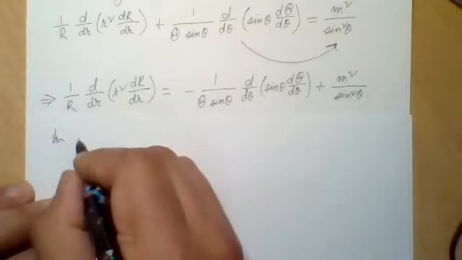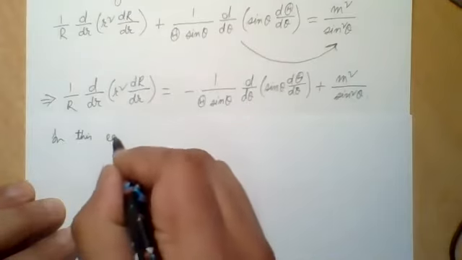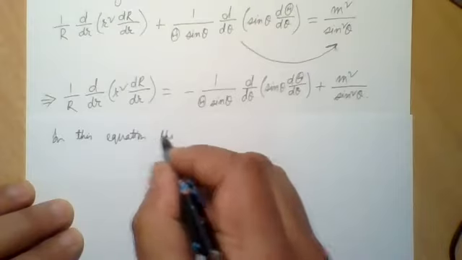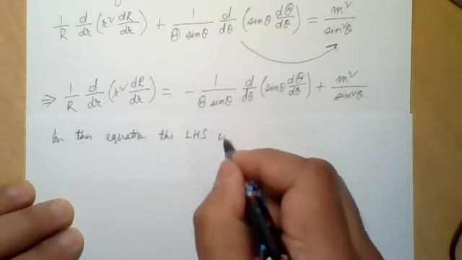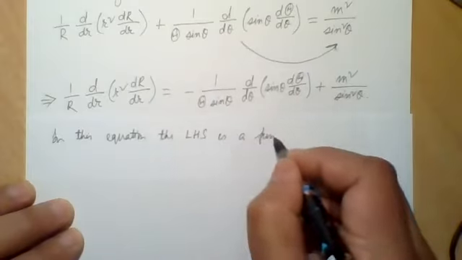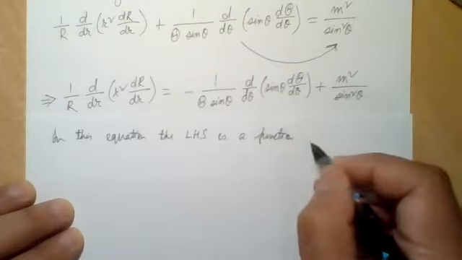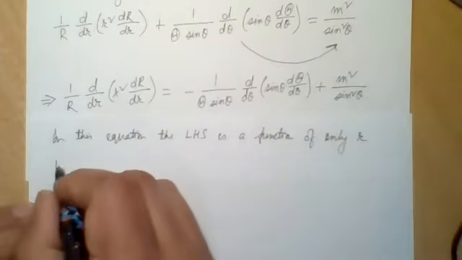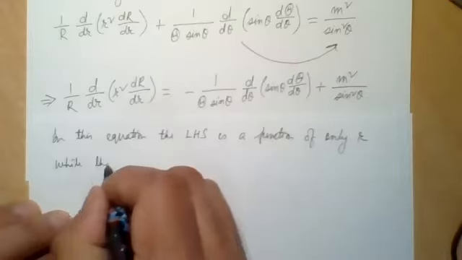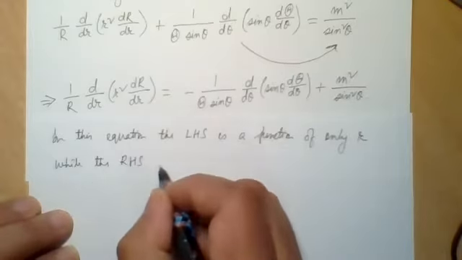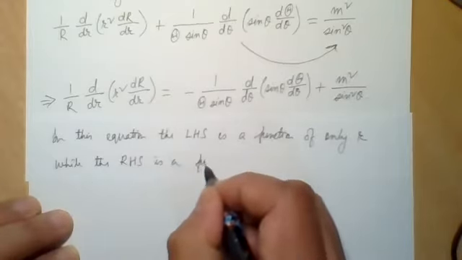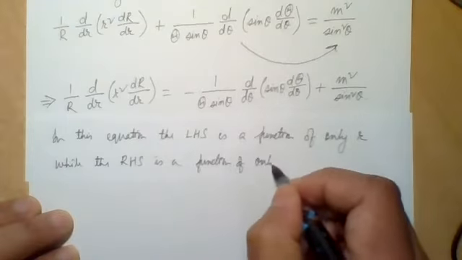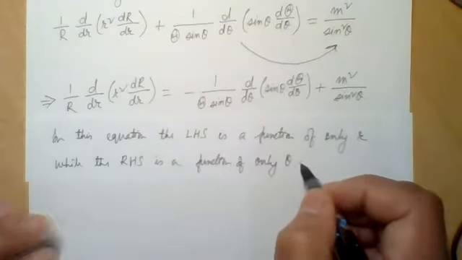In this equation, the left hand side is a function of only small r, while the right hand side is a function of only small theta.